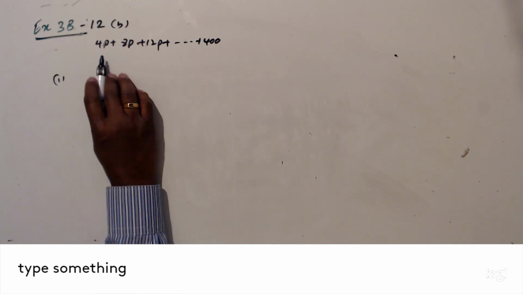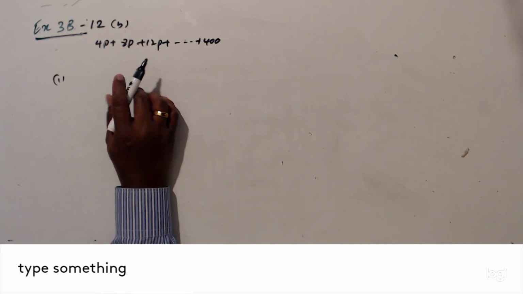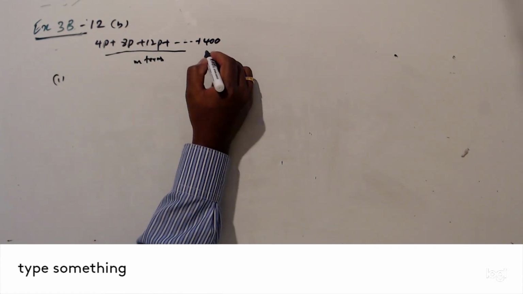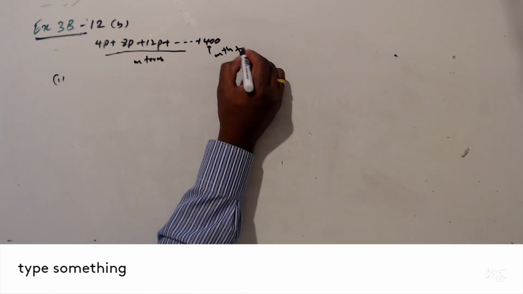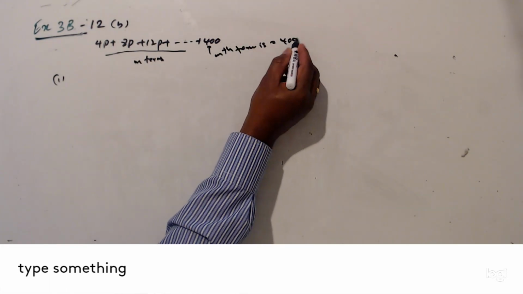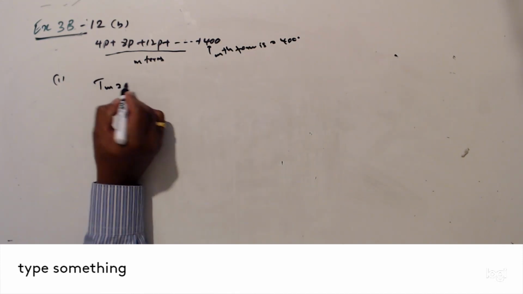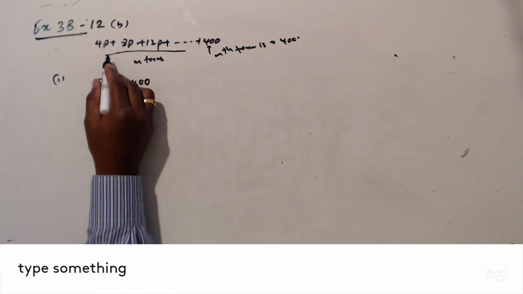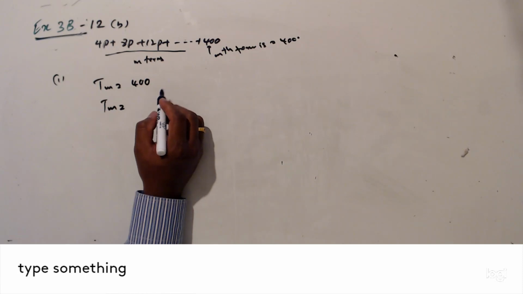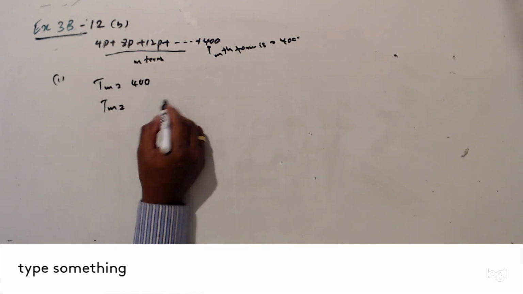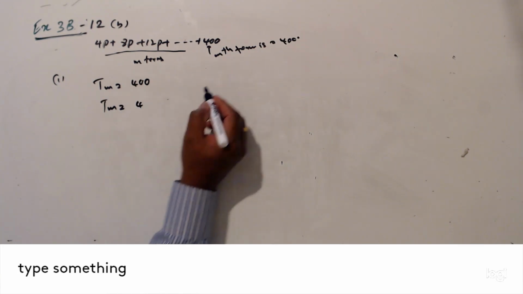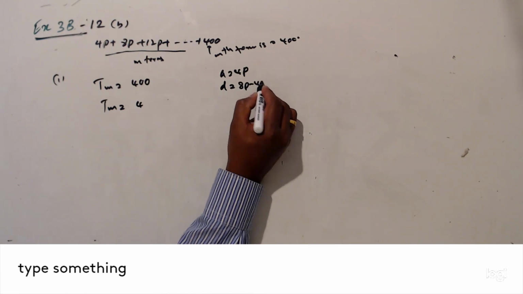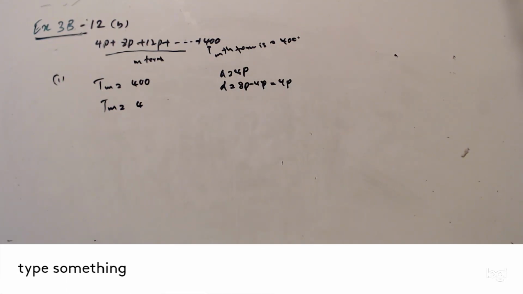Part B, 4p, 8p. So this is the sequence. We need to find the number of terms. Assume there are m terms. So the mth term is 400, which is Tm equals 400. Also, we can write the mth term in terms of A and D. A is 4p and the common difference D is 8p minus 4p, which is 4p again.